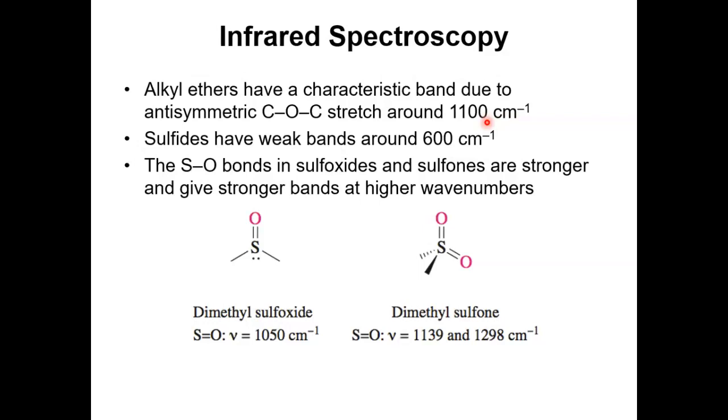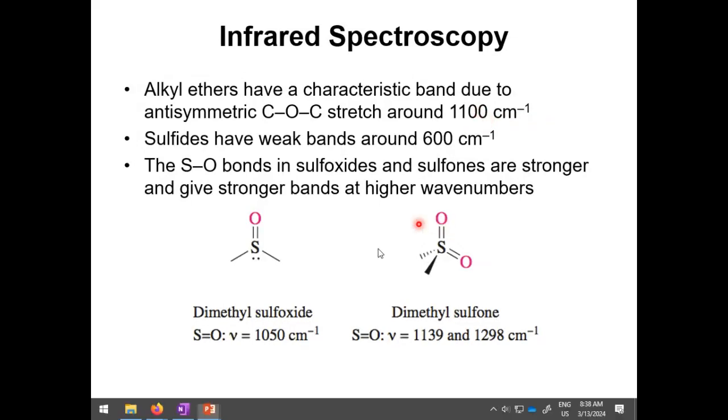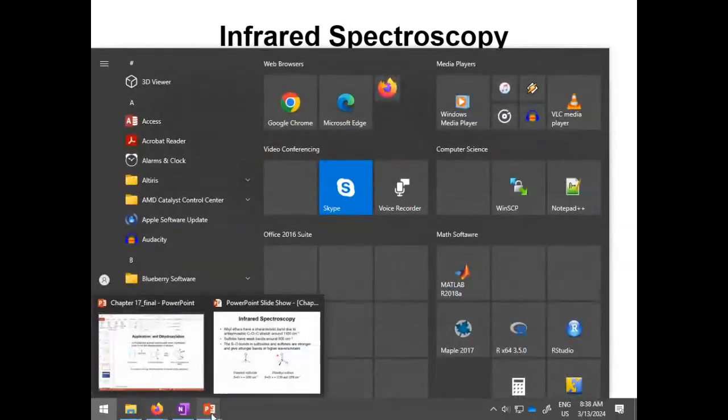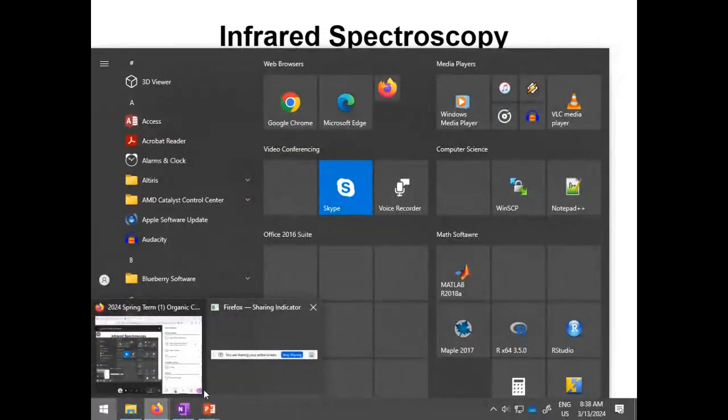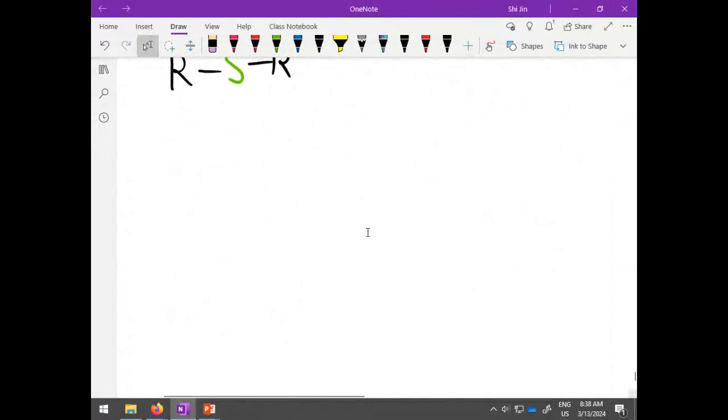So what's the difference between ether and alcohol in terms of infrared spectrum? Let's say I ask you what major difference you expect between methanol or ethanol and diethyl ether. In terms of functional groups, what's the major difference?